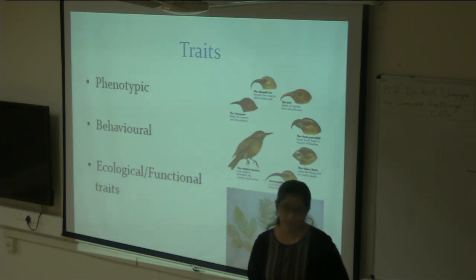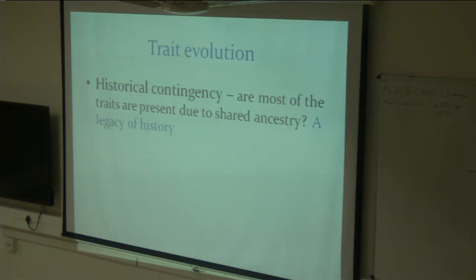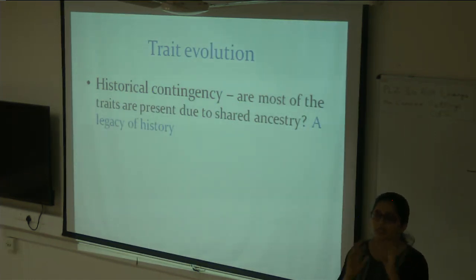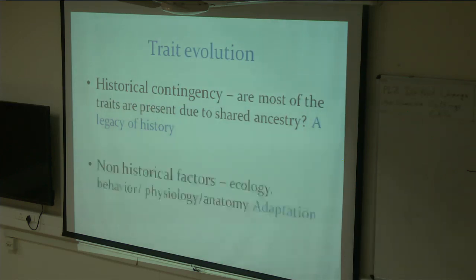Is it an evolutionary legacy, a historical contingency, a legacy of its history, because all the species' shared ancestor had that trait and it just passed on? Or is it an ecological adaptation and that's why we see a particular trait in a particular species?